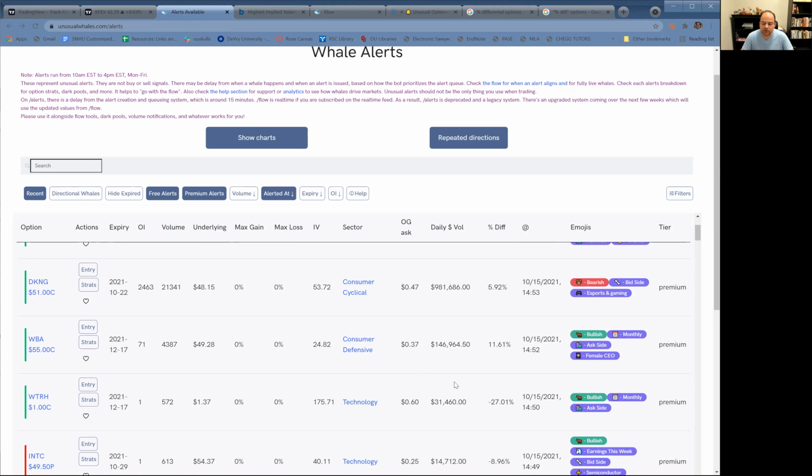I wouldn't really be interested in that, even though it is bullish and it is on the ask side. So I'm looking for the higher dollar amounts here, and you can see, 100,000 is somewhat of an arbitrary number, but you want a higher volume. Sometimes ones in the 90s are fine to look at if they meet some of my other criteria.